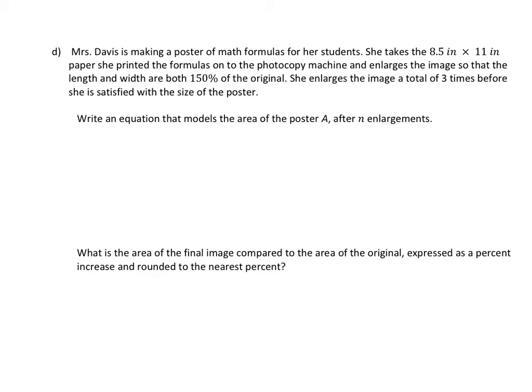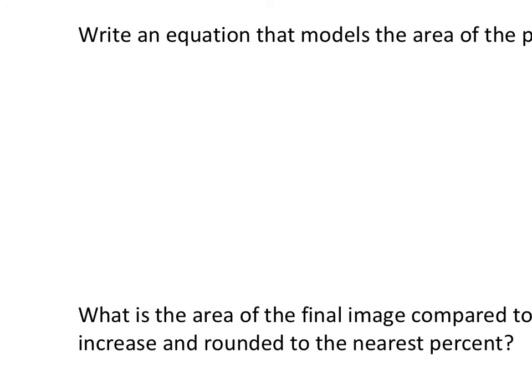Okay, so we are using A for our y and n for our x. So we have to remember that our final answer will be A equals, and then n is our variable. Okay, to do this, I'm going to create a table, and I'm going to zoom in quite a bit here. So to begin with, okay, we're going to put a 0 to start.